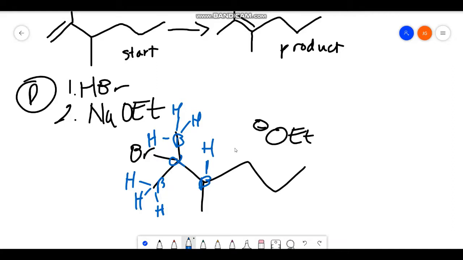Well, now the question becomes, where will the most substituted alkene form? Because the alkene is going to be more stable the more substituted it is. So let's say, I'm going to erase the hydrogens really quickly. Hopefully you remember where they are.